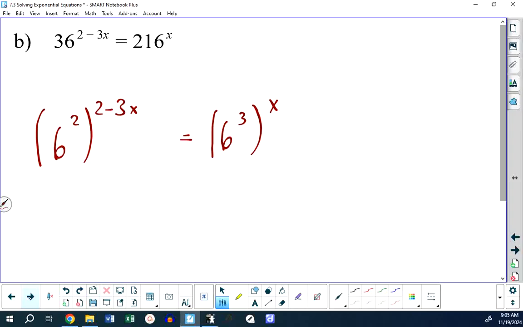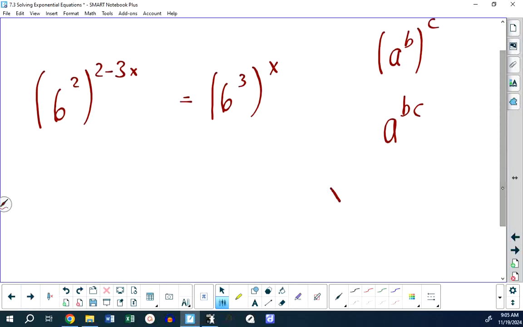You need to know that when you have a base raised to an exponent, this thing is called a power, raised to another exponent. It's called the power of a power, and I never really liked that terminology, but this is equal to a to the b times c. The rule is you multiply the exponents.